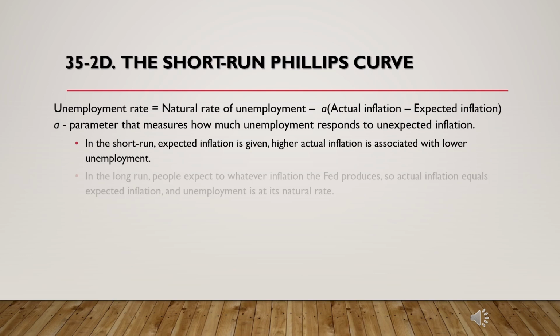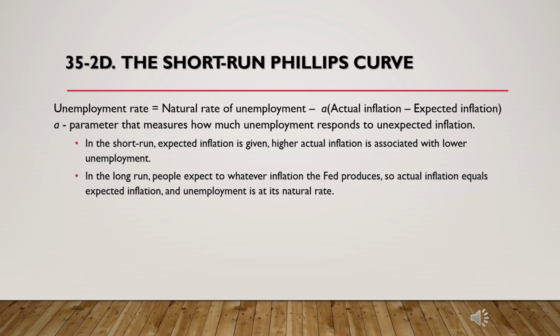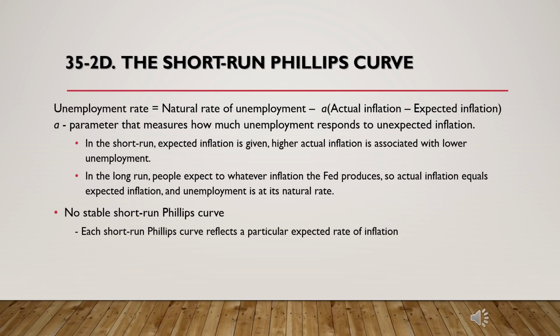In the long run, people come to expect whatever inflation is produced, so actual inflation equals expected inflation and unemployment is at its natural rate. This equation implies that there can be no stable short-run Phillips curve. Each short-run Phillips curve reflects a particular expected rate of inflation.